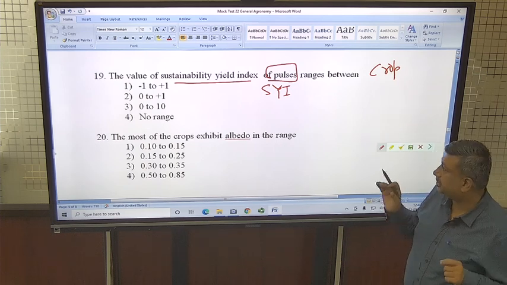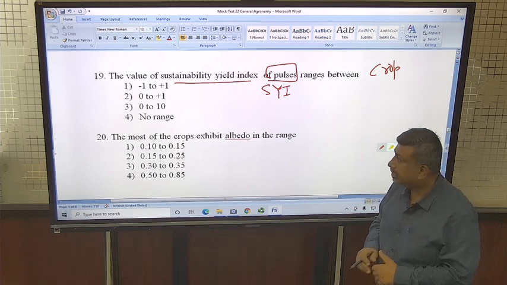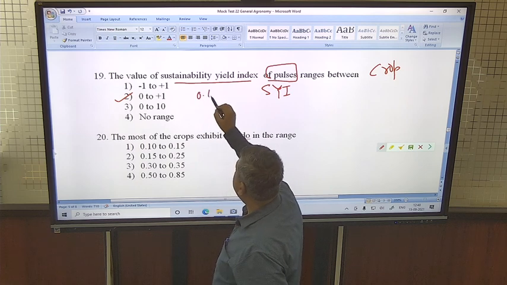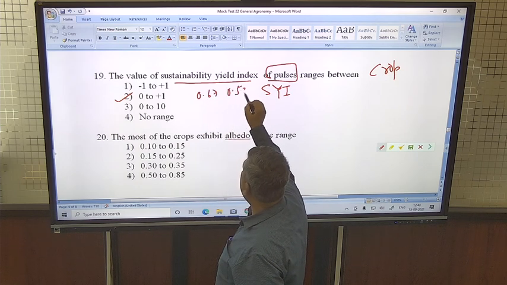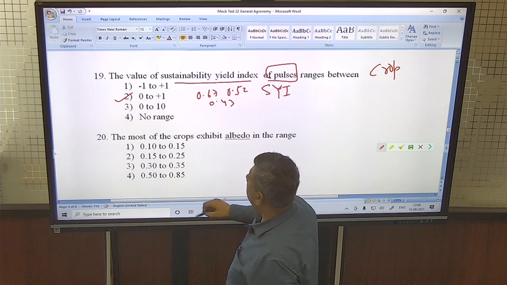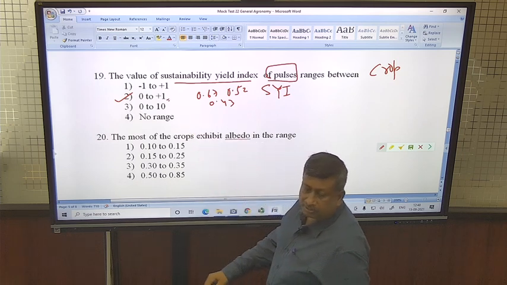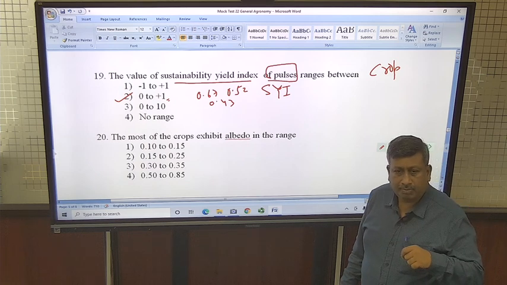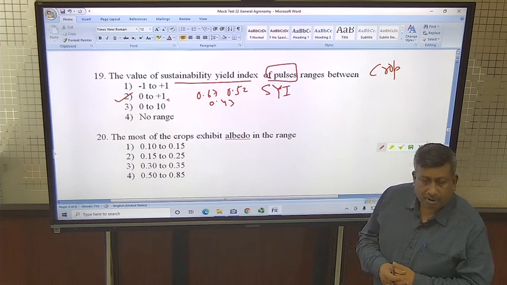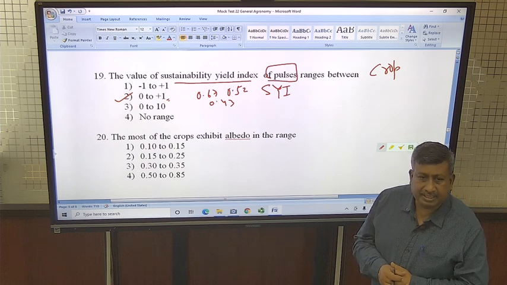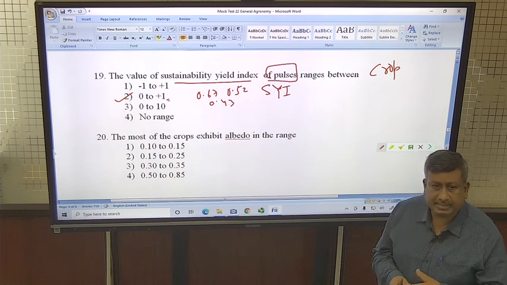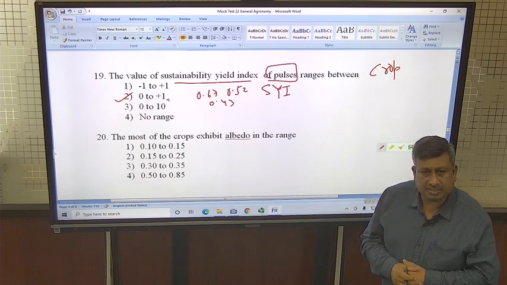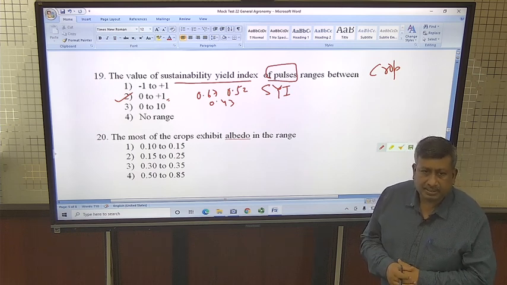For any crop, the sustainability yield index is used, and its range is 0 to +1, maybe 0.67, maybe 0.52, maybe 0.43, and the maximum value is 1. So, this index indicates how consistently a crop performs in the region. If the sustainability yield index is high, it means this crop can be grown successfully without risk in the region.